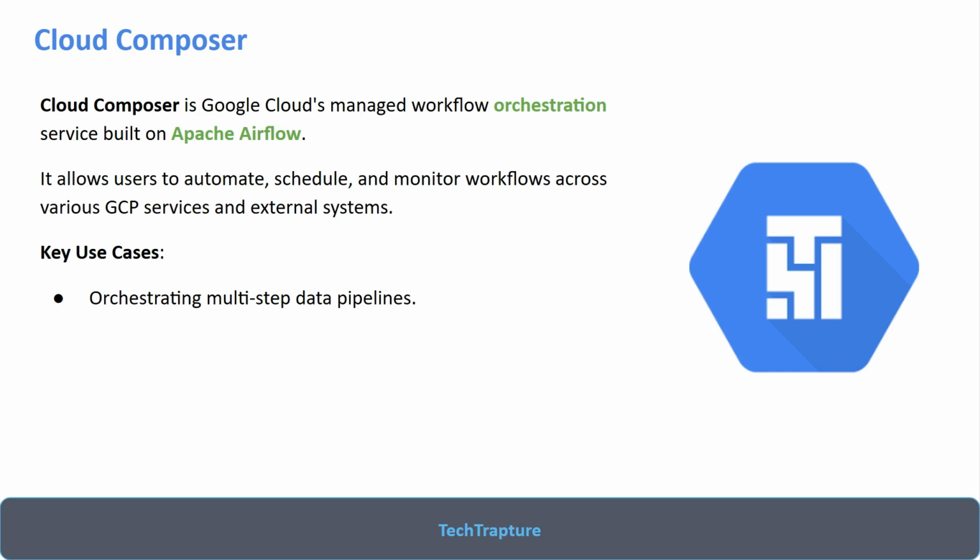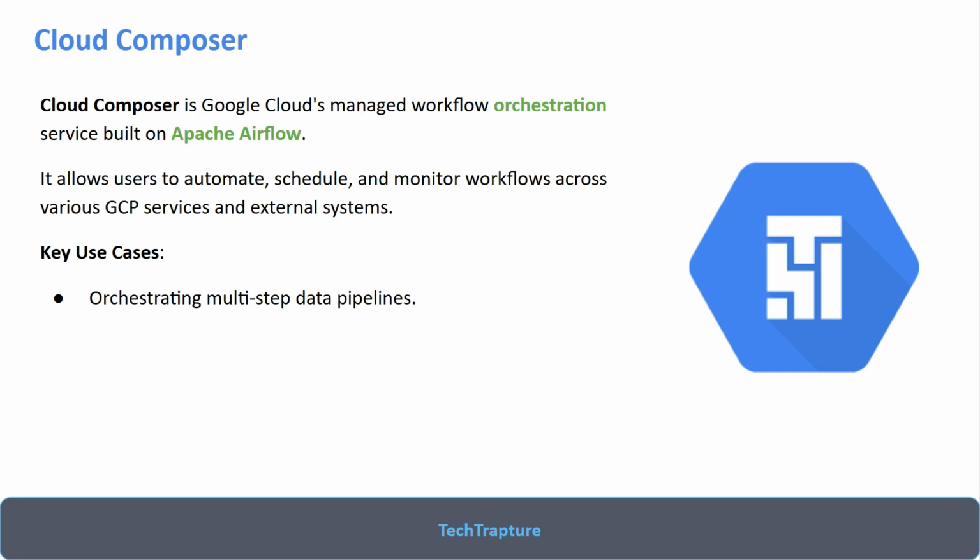Your Dataflow job should execute only when there is a file in your storage bucket, and your BigQuery job should also execute when the Dataflow job is completed. So how are these dependencies managed? That is why we use Cloud Composer to manage all these dependencies and orchestrate all the tasks. First it will check for file availability in the storage bucket.